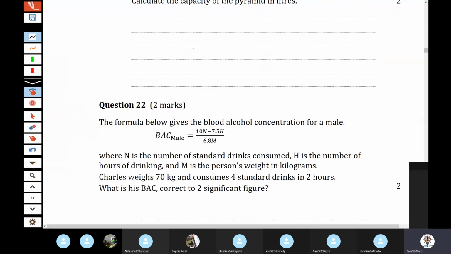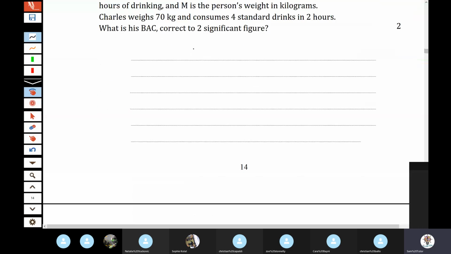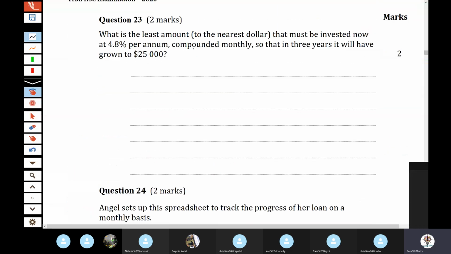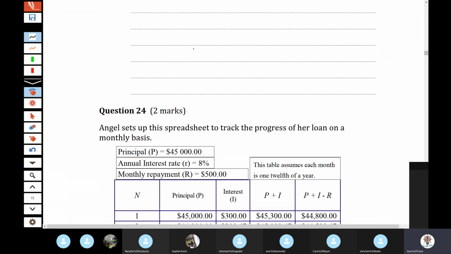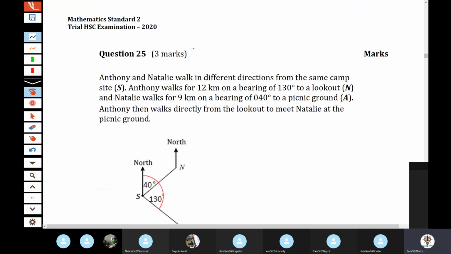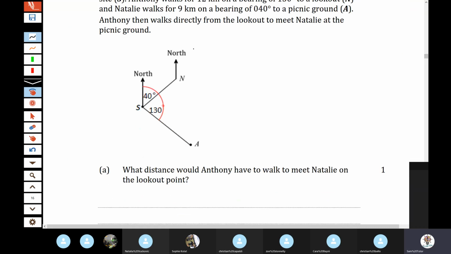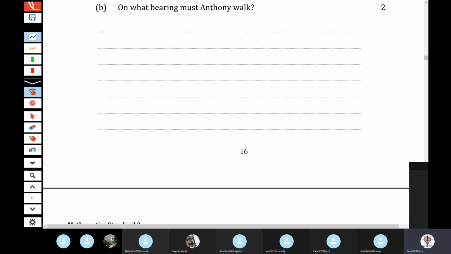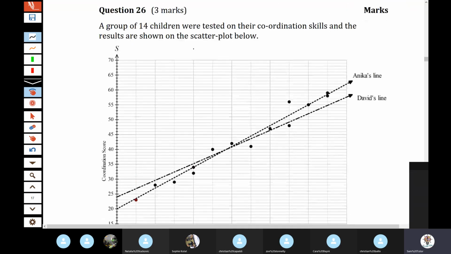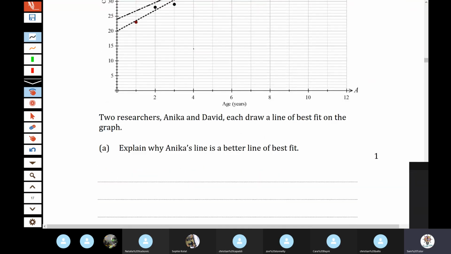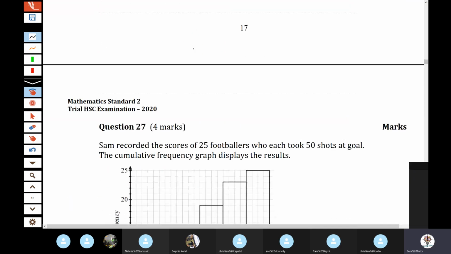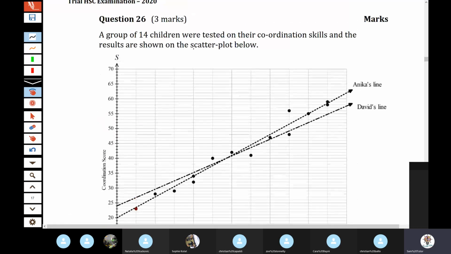Keep going. Area, capacity, blood alcohol. You see what I mean by it's good to learn to filter out. Financial, trig, bearing. Line of best fit. Yes, that's part of this topic.